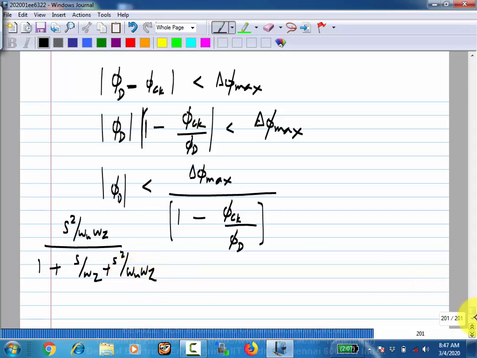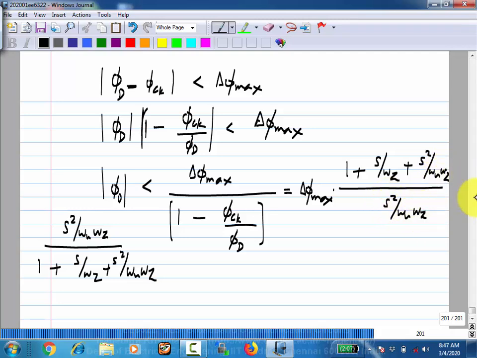Okay. So this will be delta phi max times 1 plus s by omega z plus s square by omega u omega z, divided by s square by omega u omega z. Okay. So this again we can factor it and see.